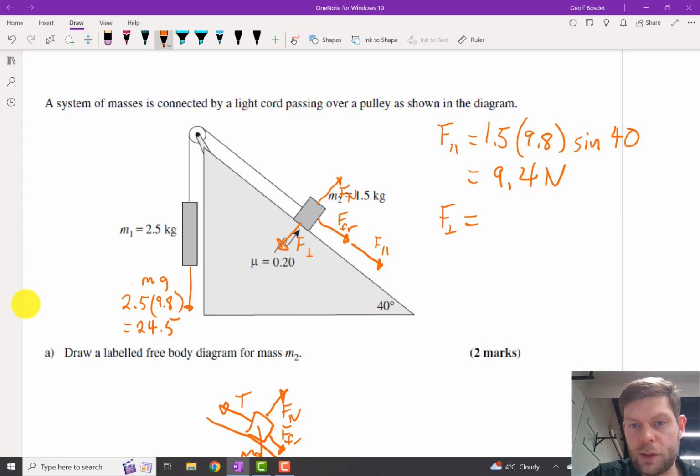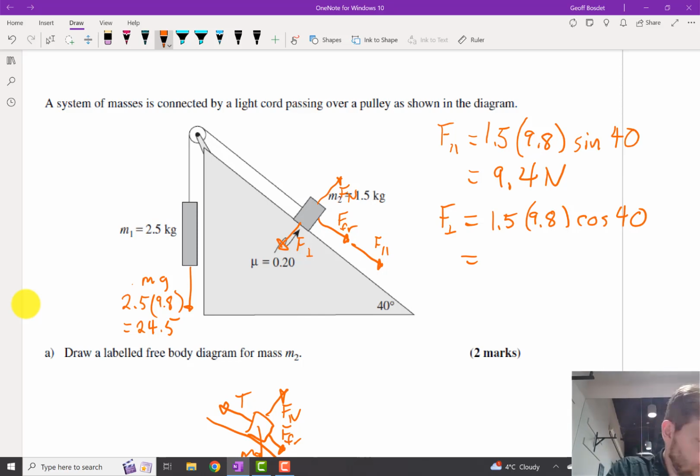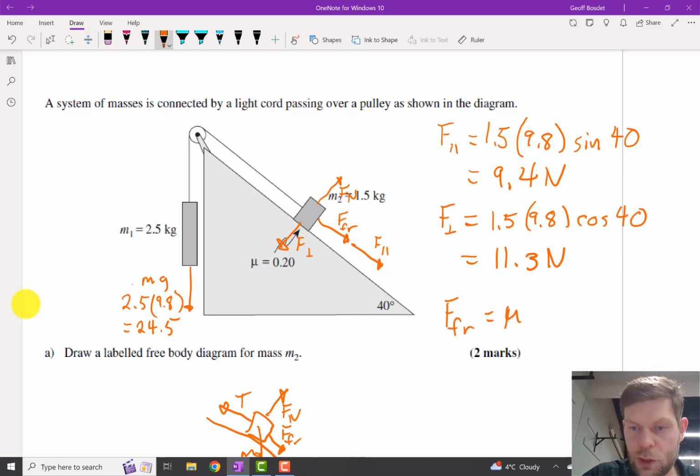Our F perpendicular, which we're going to need to find, is equal to the normal force. So we're going to need that to find friction. It is equal to 1.5 times 9.8 times cos 40, which is equal to 14.7 times cos 40. So that's 11.3. And we'll need to use it to solve for force of friction, which is just equal to mu Fn, where Fn is equal and opposite to F perpendicular in this case.